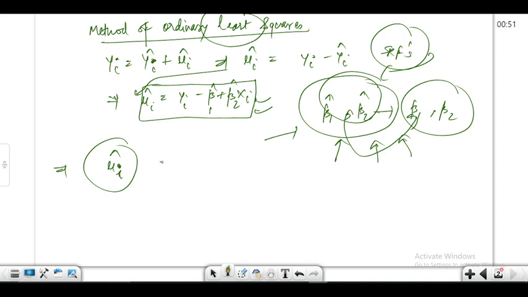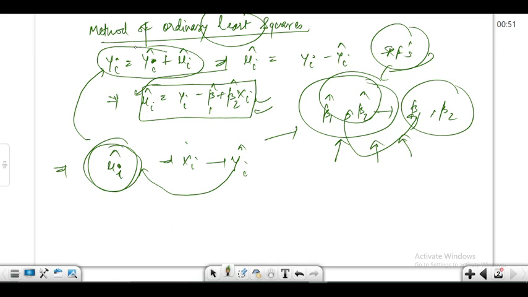That gap is the error term, ui hat. The smaller this gap becomes, the closer my sample regression function is to the population regression function. So this is the idea.